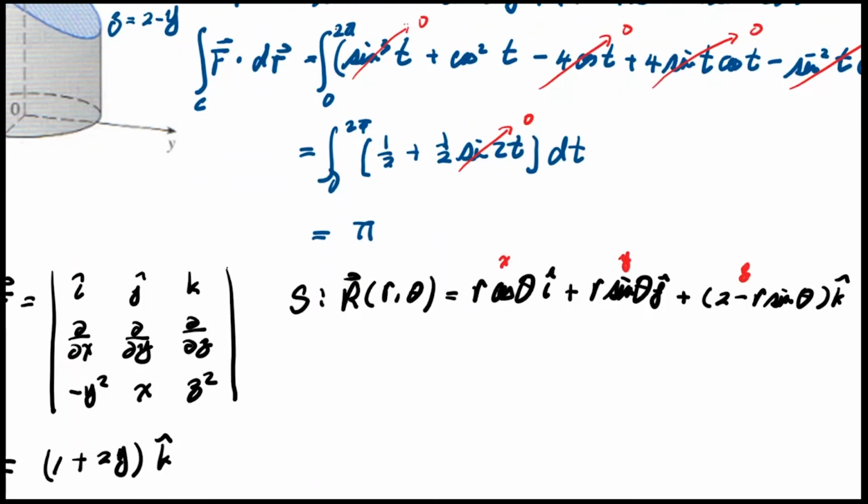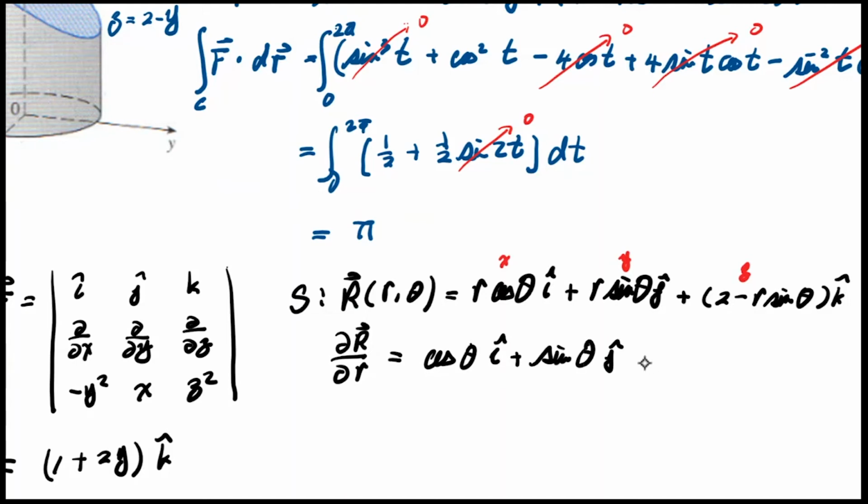Okay, once you have that, then we can calculate the dS vector. So let's take a partial derivative with respect to r. And then we have cosine theta i vector plus sine theta j vector plus minus sine theta k vector.